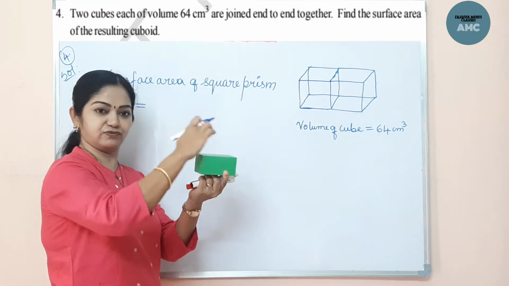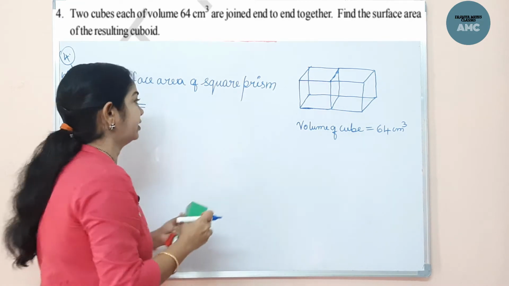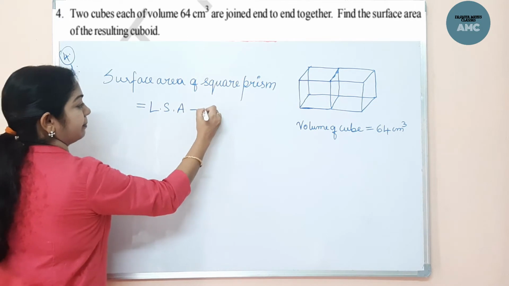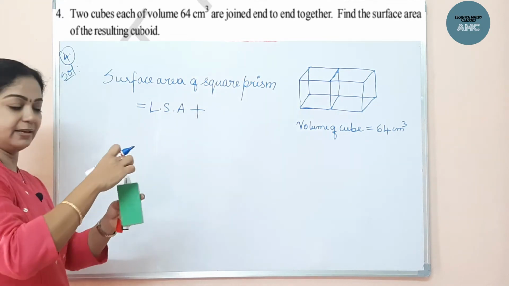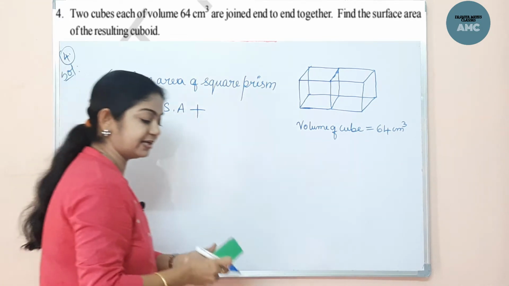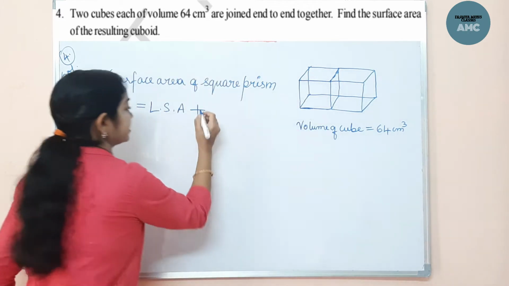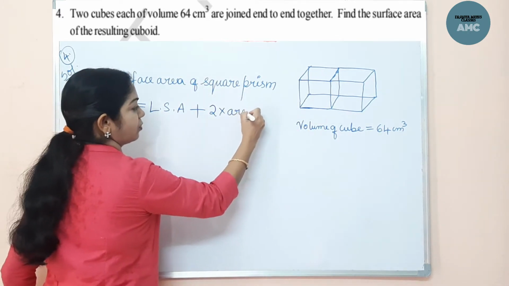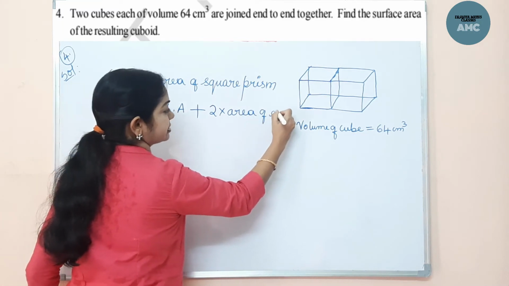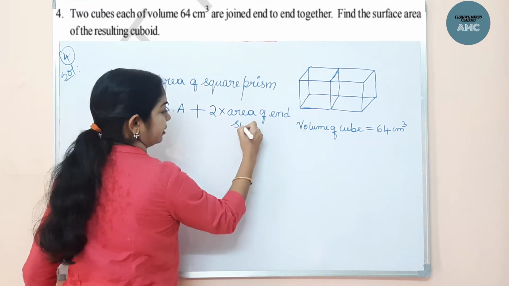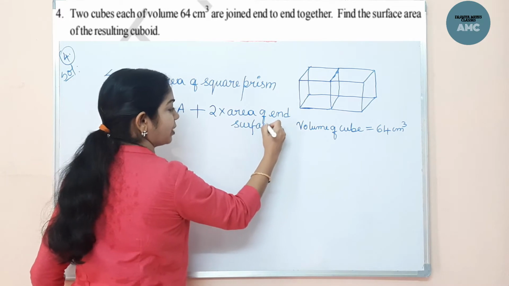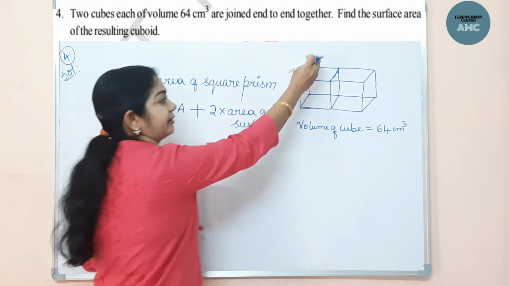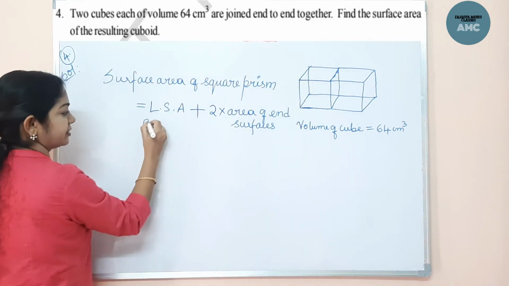So LSA of these four means these four lateral faces, plus 2 into the area of the end surfaces. Now here the end surfaces are squares. Now the LSA of what? LSA of the lateral faces.